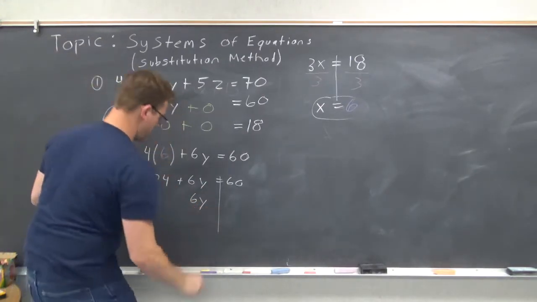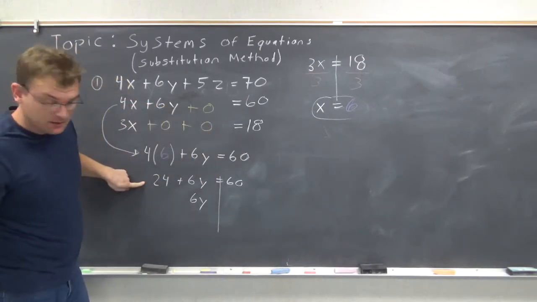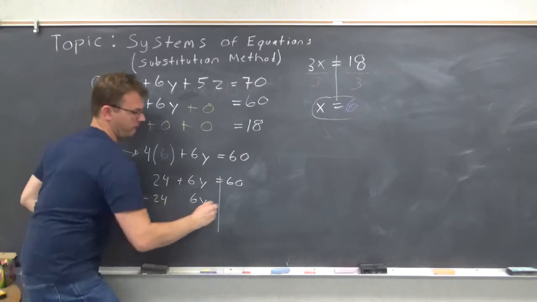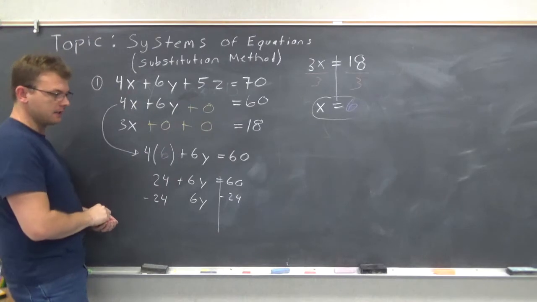So you get 6y, and then you got 60 minus 24, right? So we're subtracting 24, subtracting 24. Is that correct?